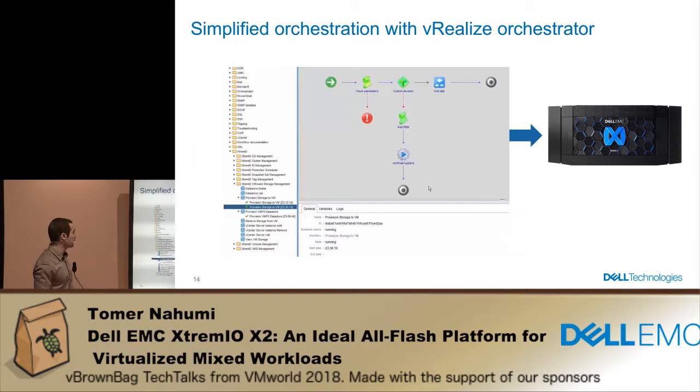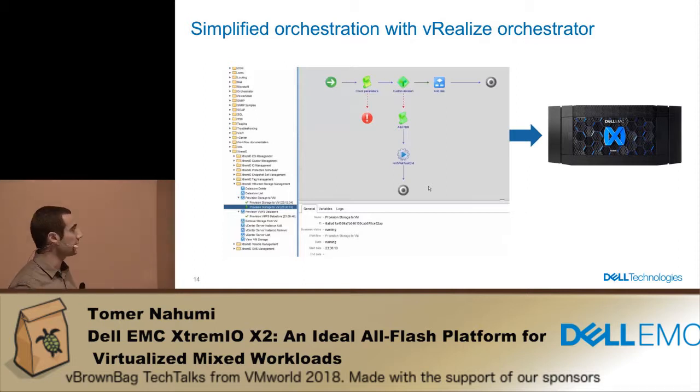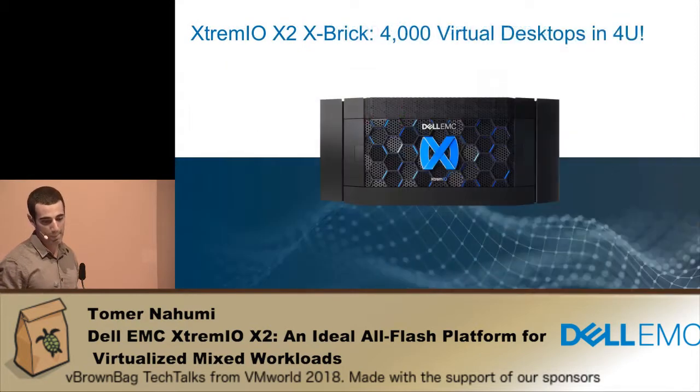And by that, we can create workflows. We have a lot of actions, for example, create new data stores, take snapshots for test and dev or backup purposes. Really, really easy, and you can integrate it with a lot of tasks, and also import these tasks to vRealize, and by that create a fully automated self-service portal.